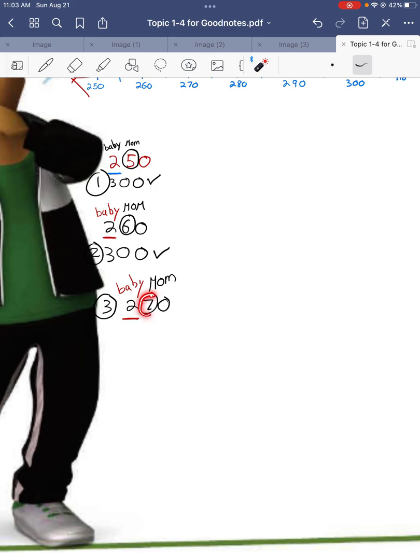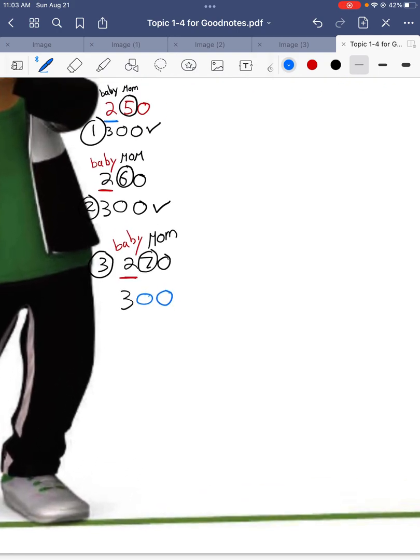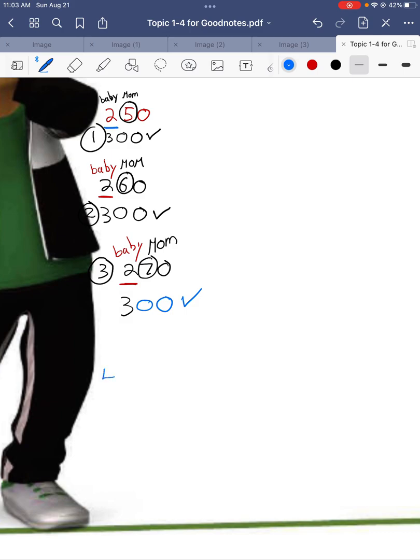So since the mom is 7, 5 or more, add 1 more. So I'm going to add 1 more to the baby. 2 plus 1 is 3. I don't have any numbers to the left, so everything to the right becomes a 0. Okay, that's 3. We'll do 4.